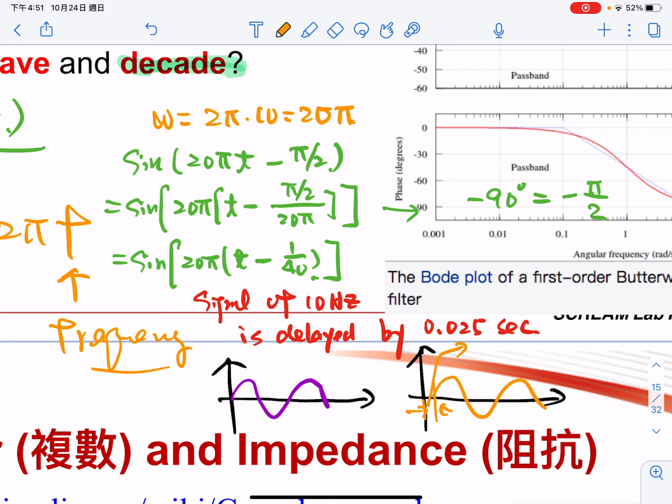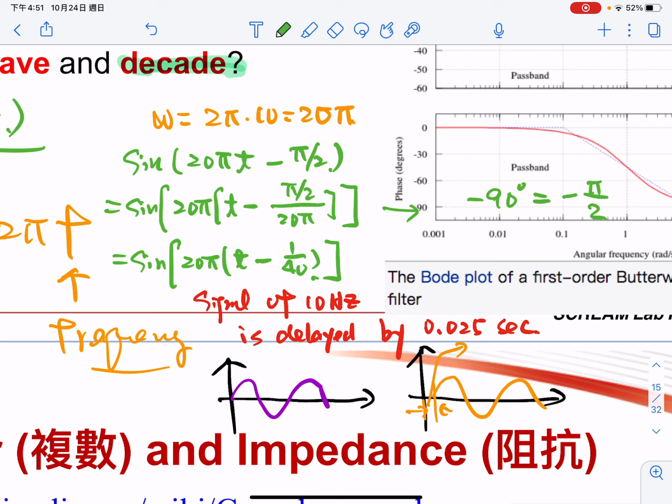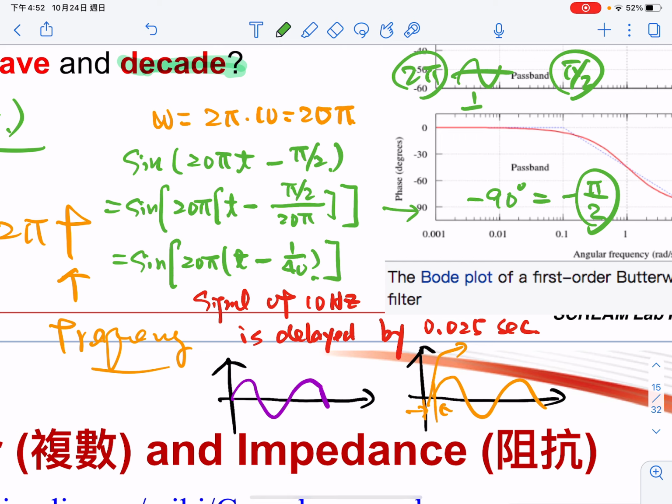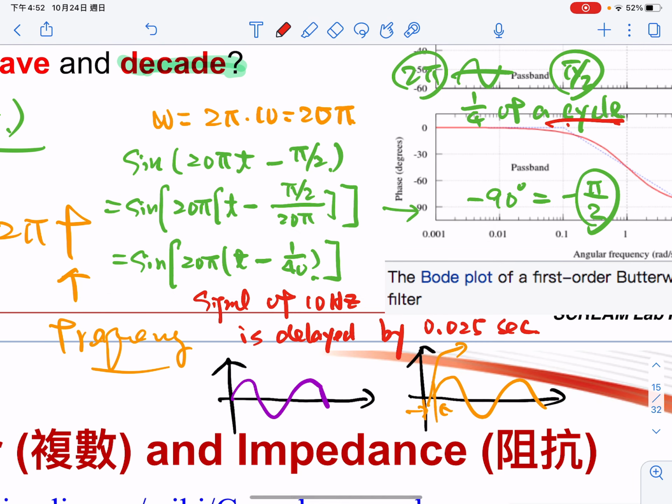So as you can see, it's quite simple to imagine, because we know 2 pi means we have the complete circle of the sinusoid, and 2 pi over 4, which is pi over 2, is 1/4 of a cycle, right? But a cycle, because it is 10 hertz, means 0.1 seconds.